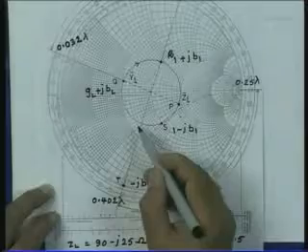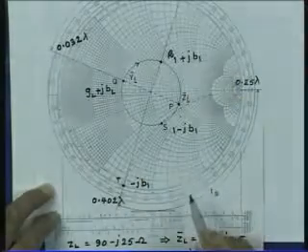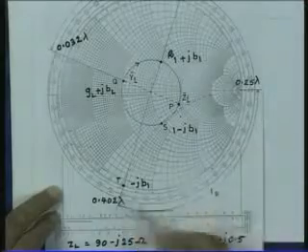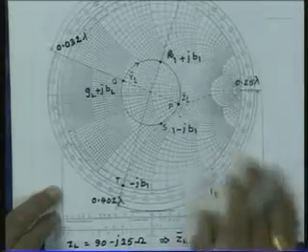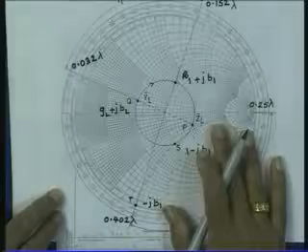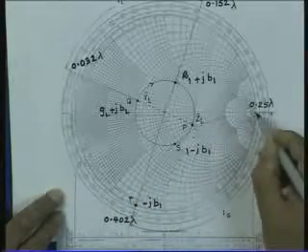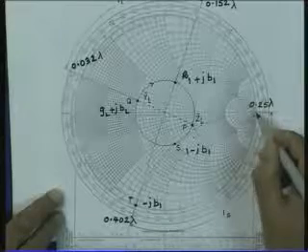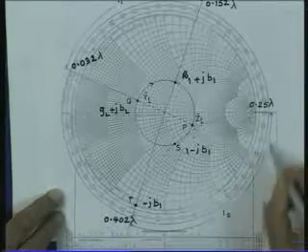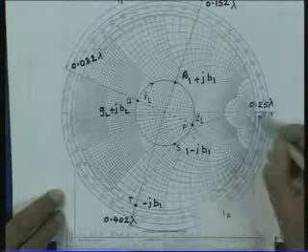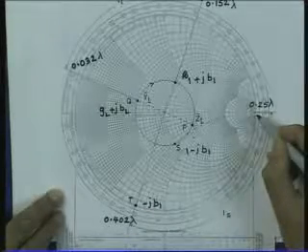So, I have to go in the anti-clockwise direction till I reach the short circuit point, and since now this chart has become the admittance chart, the point corresponding to the short circuit is the rightmost point. So, this is short circuit. So, I move in the anti-clockwise direction till I reach the rightmost point on the Smith chart.